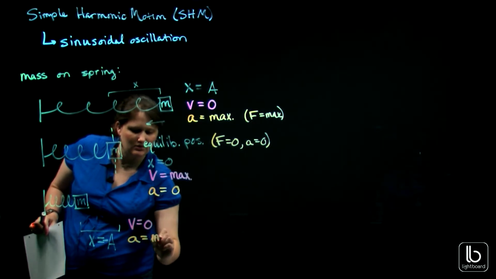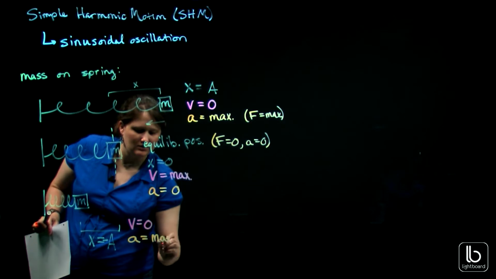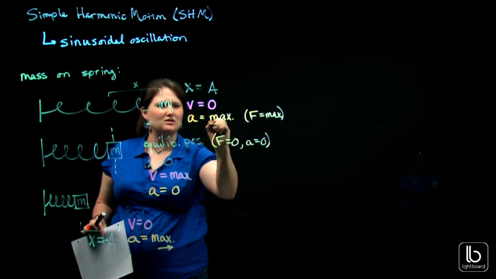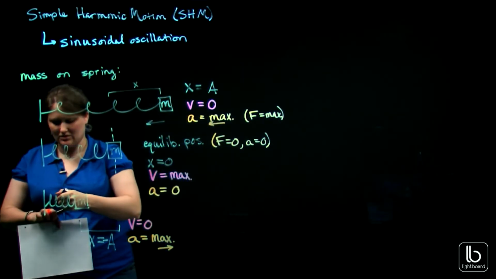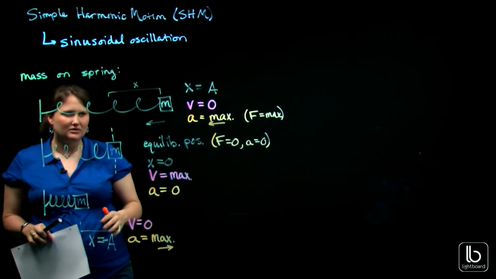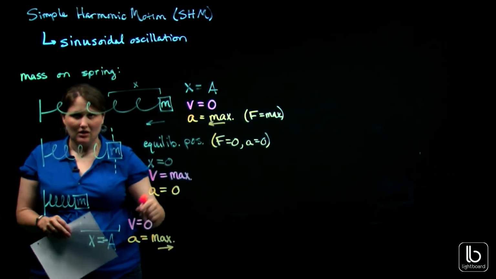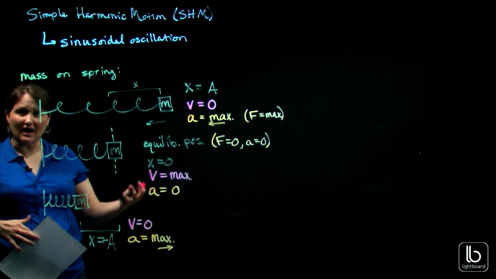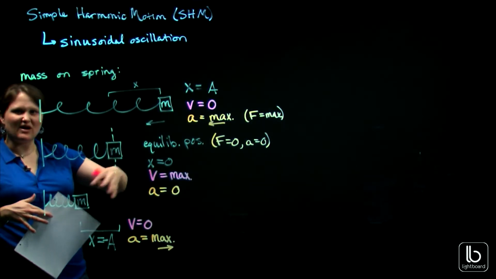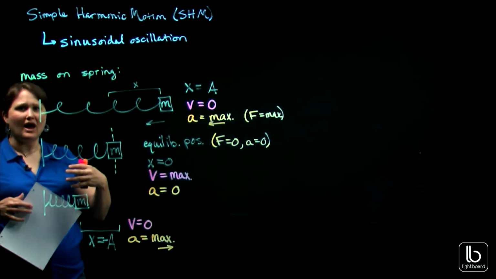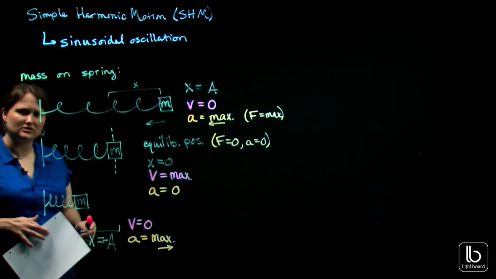So it's a maximum, but now my acceleration is this way, whereas up here my acceleration was this way. So we know, just empirically speaking, that this is how a mass on a spring behaves. That's why I'm bothering to go through this, just so we can talk through how we already know this works.